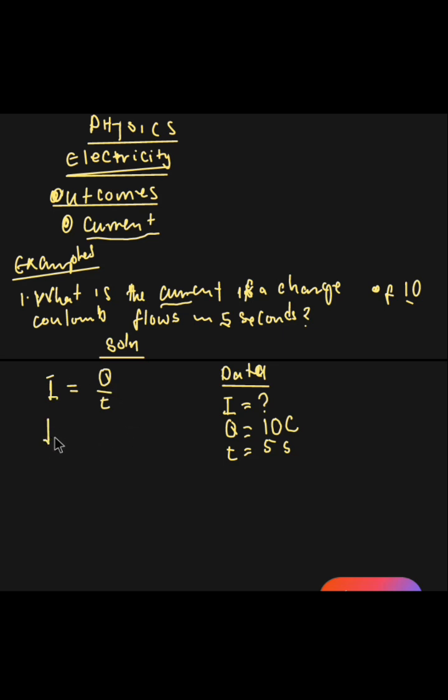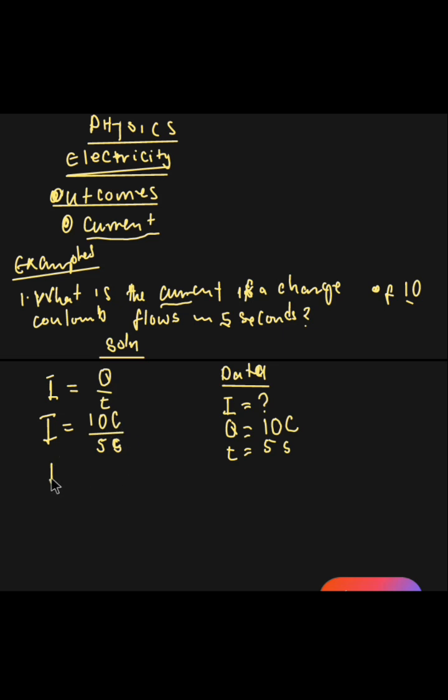So since we are looking for current, what is our charge? Our charge is 10 coulomb. Okay, then what is our time taken? Our time taken is 5 seconds. So now we need to divide.